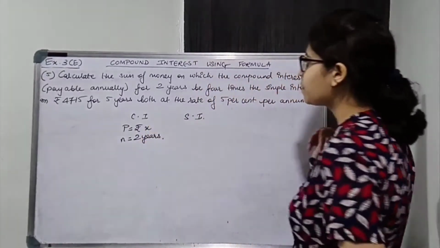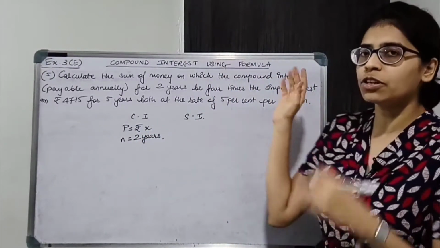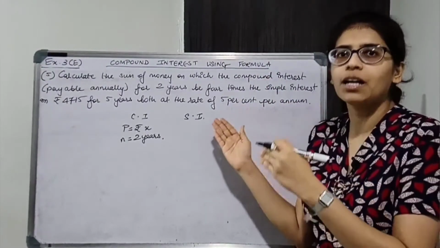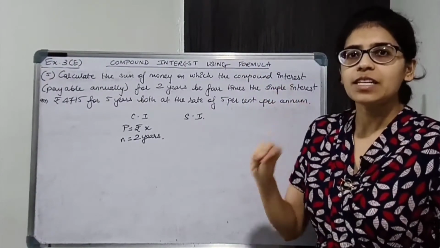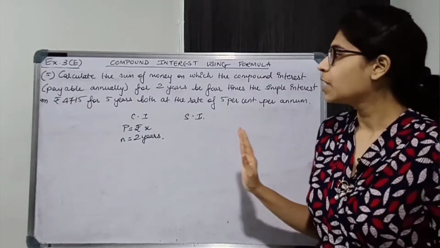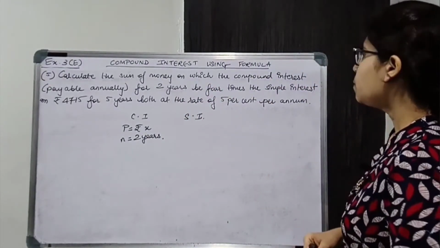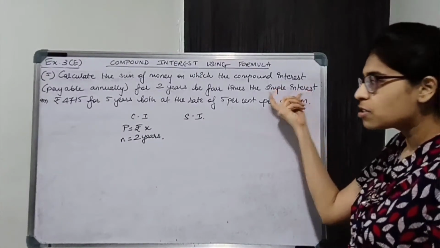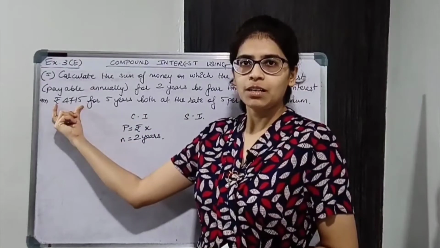Be 4 times the simple interest. You are given the relation between compound interest and simple interest. We'll come to that part later. First we'll see what information we have for compound interest and simple interest. So 4 times the simple interest on rupees 4715. We are calculating simple interest on a certain sum of money.